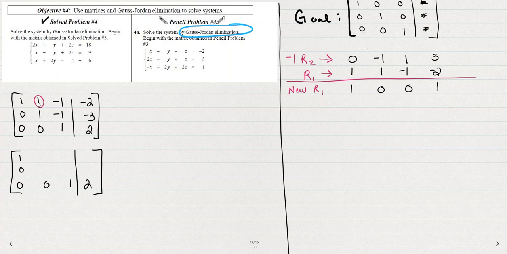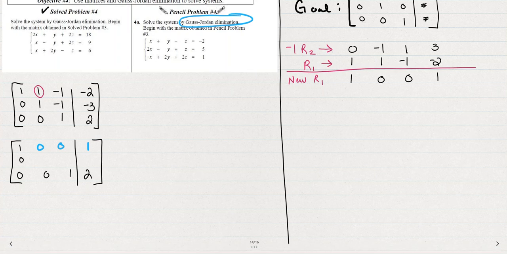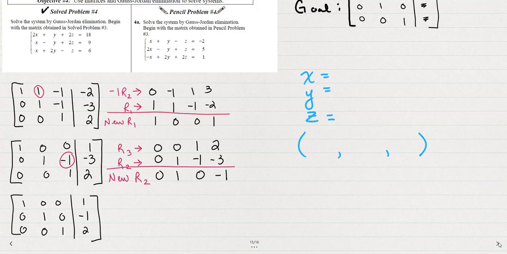So if I wanted a 0 here in the top row, column 2, I could multiply -1 times row 2 and add that to row 1 to get 1, 0, 0, 1. So that's my new row 1. Next, I could go for the 0.